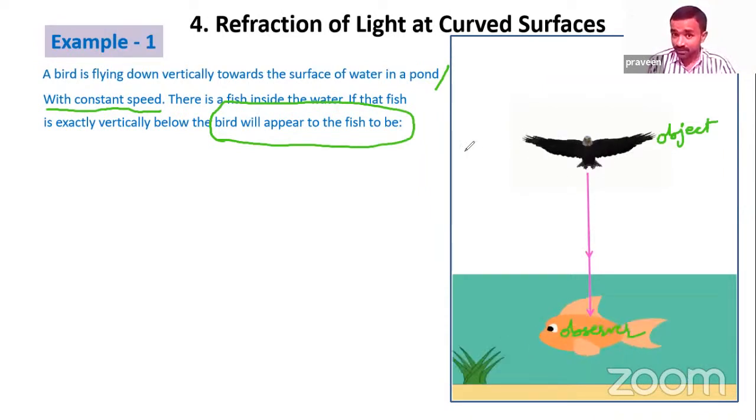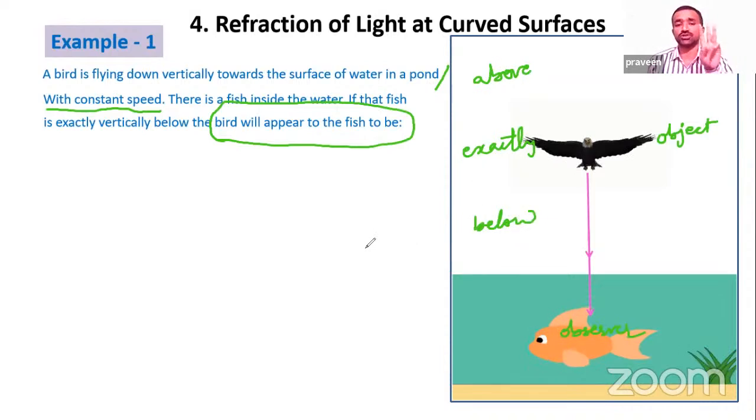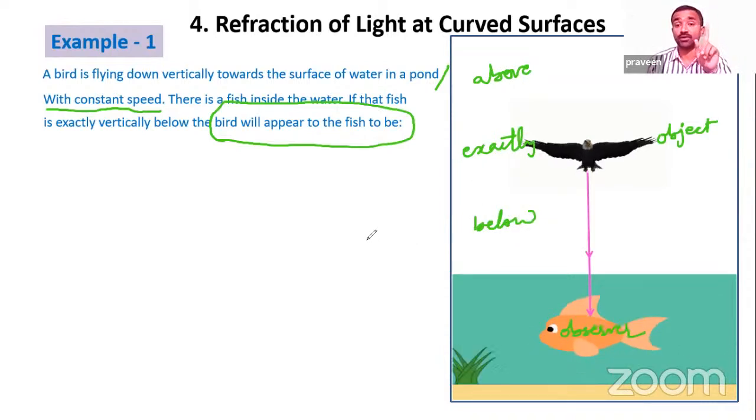It may be exactly at the same place, or above the actual position, or below the actual position. So there are 3 possibilities.